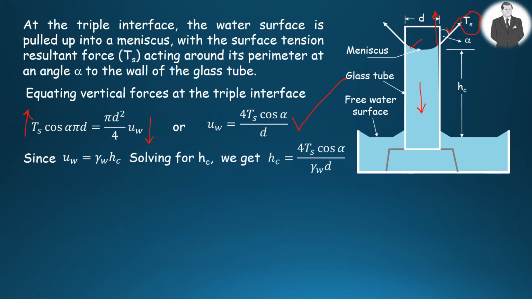The pore water pressure can also be expressed as unit weight of water times the height of capillary rise.